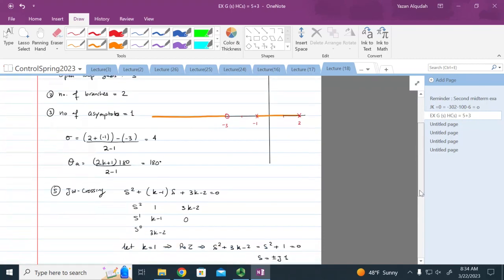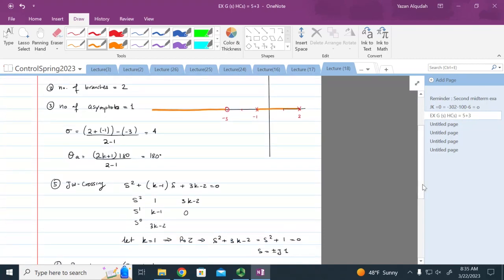Okay, so we're going to calculate the j omega axis crossing. If you look at the characteristic equation of the closed loop transfer function, it is s squared plus (k minus 1)s plus 3k minus 2 equal to 0. If I want the roots on the j omega axis, what should this term be? 0. I don't even need to do the table. If I set k equal to 1, this term is going to disappear, and I'm going to have s squared plus 1 equal to 0, and that gives me the j omega axis crossing.